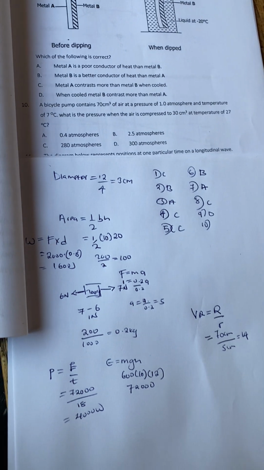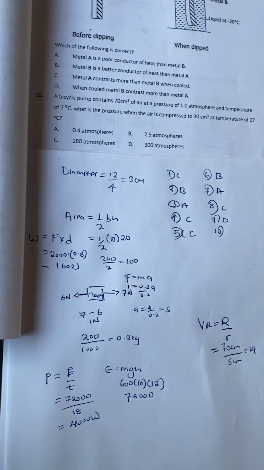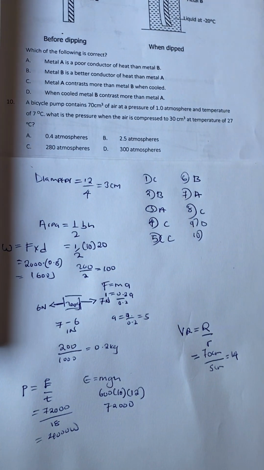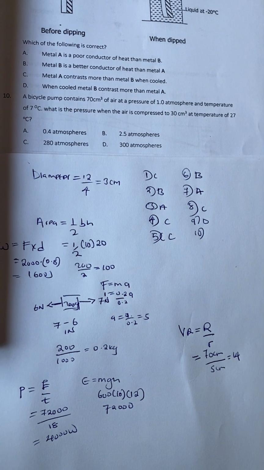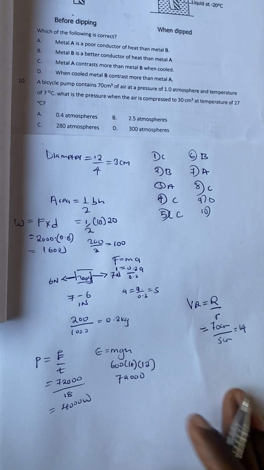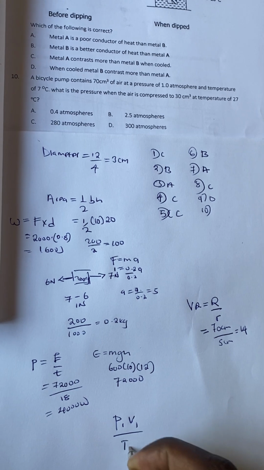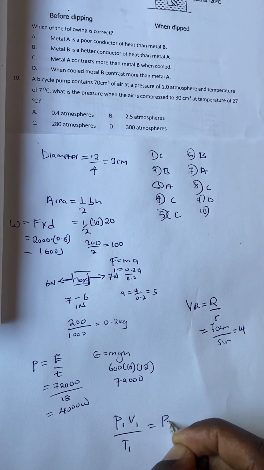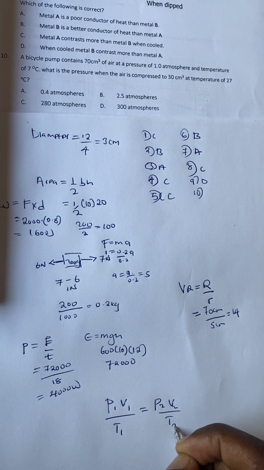So this question is under gas laws, and the formula I'm going to use is the combined gas equation, which deals with Boyle's law, Charles' law, and the pressure law. That formula is pressure 1 volume 1 over temperature 1 is equal to pressure 2 volume 2 over temperature 2.